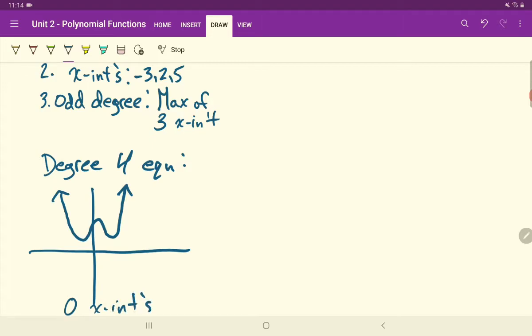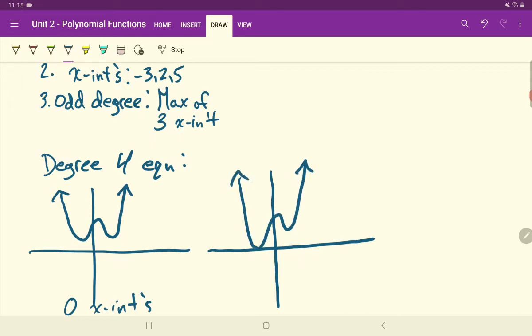What about, can you have 1 potentially? Let's see. Yes, you can certainly have 1. So that's 1 x-intercept.